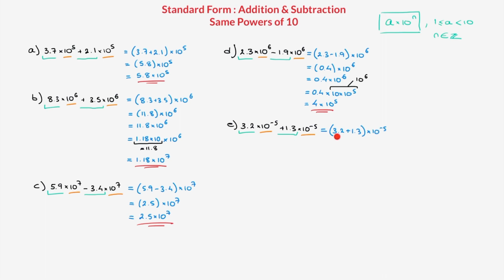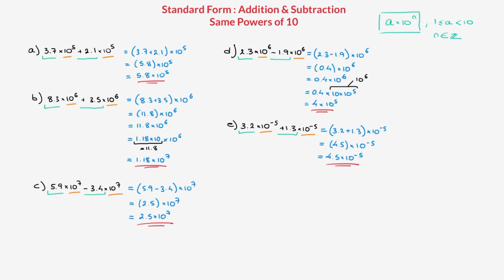I now calculate 3.2 plus 1.3, which is equal to 4.5, and so I can write that's equal to, in parentheses, 4.5 times 10 to the power of negative 5. Finally, getting rid of that pair of parentheses, we can state that that's equal to 4.5 times 10 to the power of negative 5. And that's the answer.